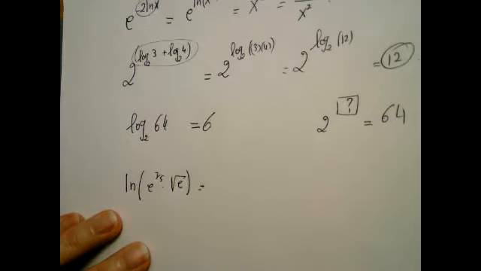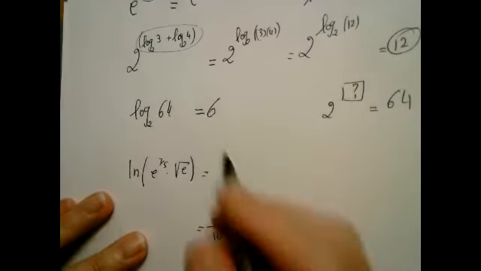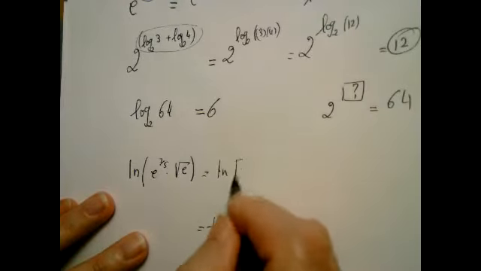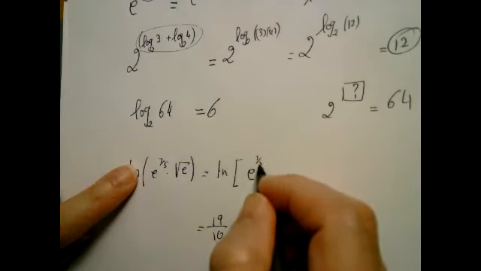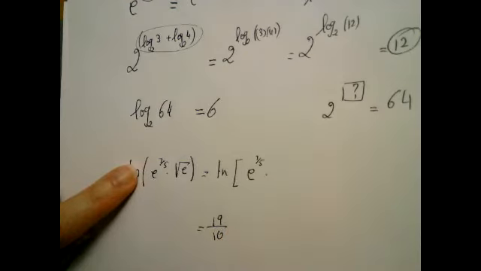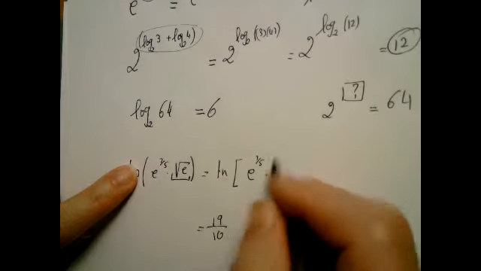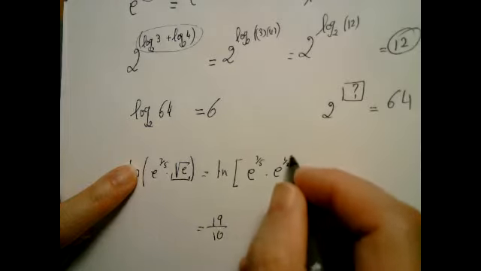Now that's the last one. What did you guys get? Okay, Luke is suggesting 19 over 10. Let me check if they are right. Okay, so that's the ln of, I will just do the math again. One way to do it, and there are several ways of doing those problems: the square root of e is e to the half.